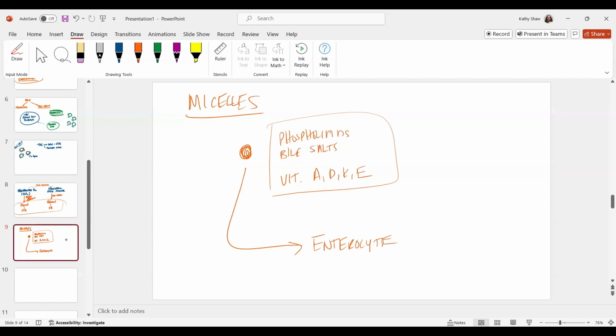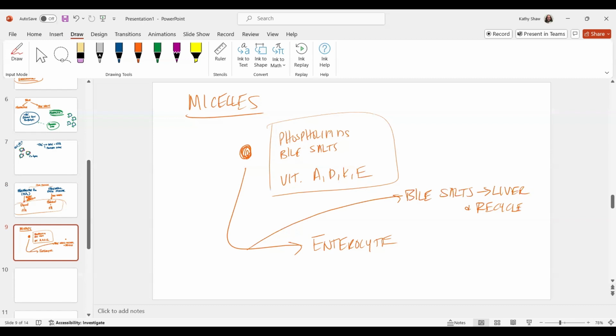Some of the bile salts can go back to the liver and get recycled. So all the other stuff then can go to the enterocyte.